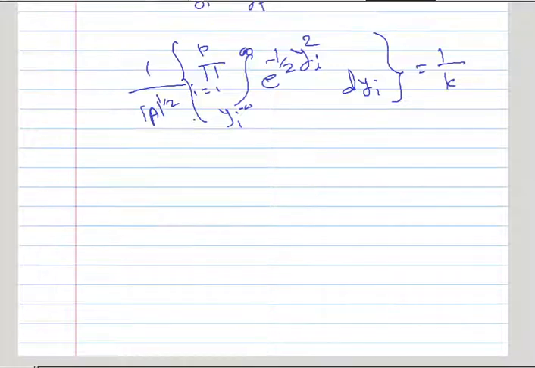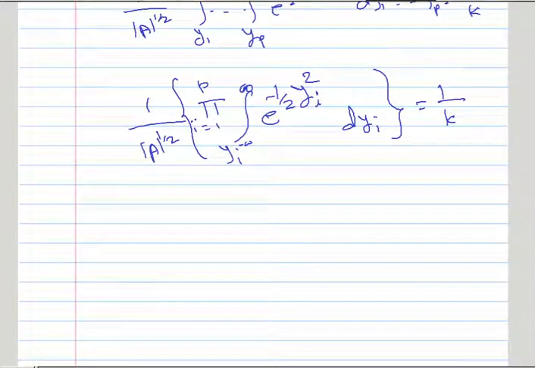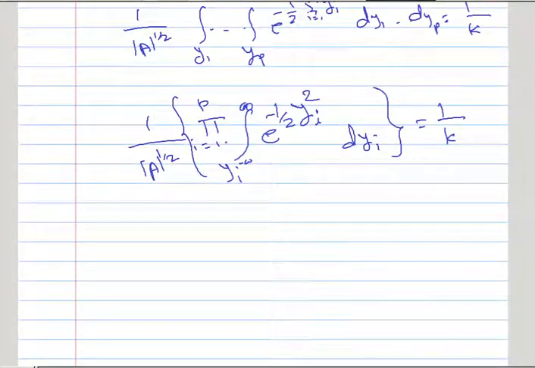Y bar is a p-dimensional vector whose every component will run from minus infinity to infinity, and there will be p such components. This is a standard expression, you must have seen it before, but we will just tackle this situation.